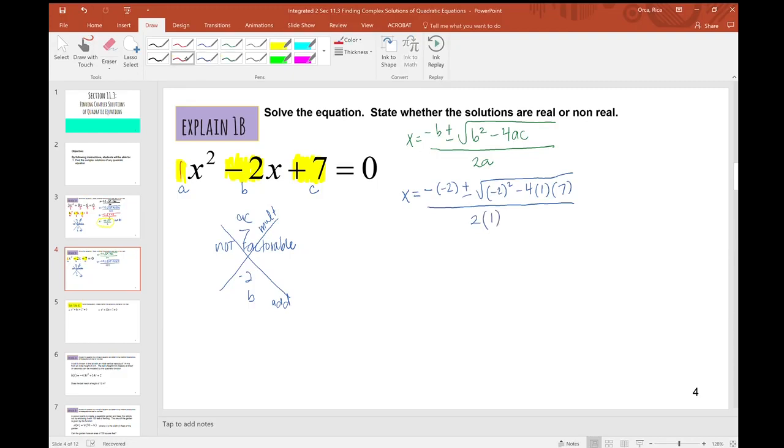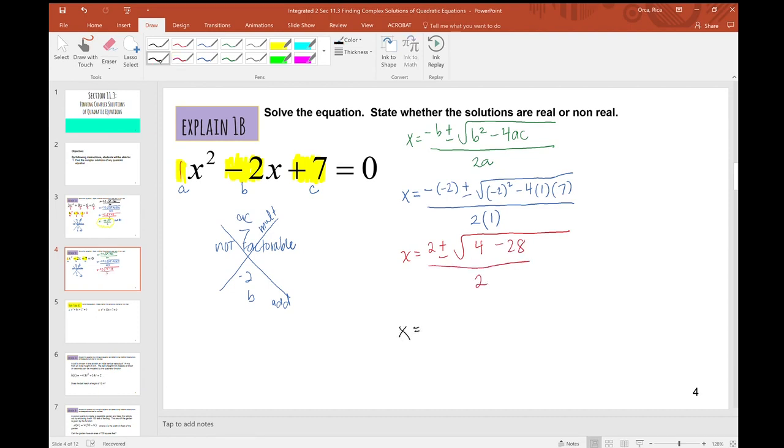Let's continue. X equals a negative times a negative is a positive, positive 2, plus or minus the square root of. We have negative 2 squared, which is 4, and negative 4 times 1 is negative 4, times 7, that's negative 28, all over 2 times 1, which is 2.